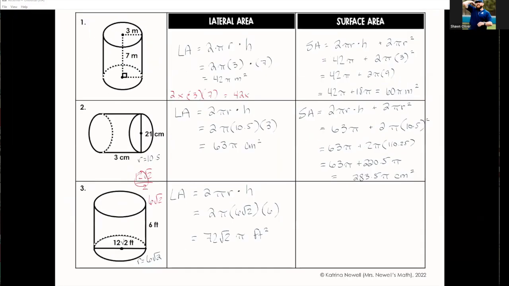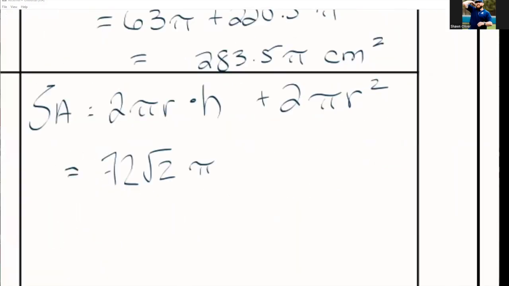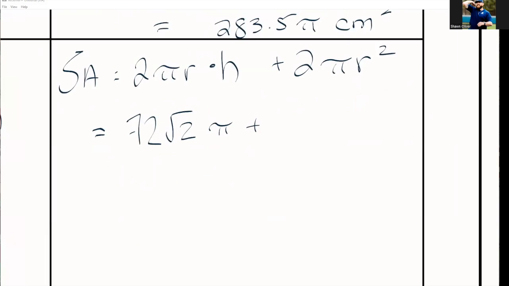Now it's going to get a little wonky when we square it, isn't it? Does anybody see why? So lateral area plus 2 times our base area. So when I take that lateral area, 72 root 2 pi, I'm going to zoom in here so the folks in the back can see a little easier.